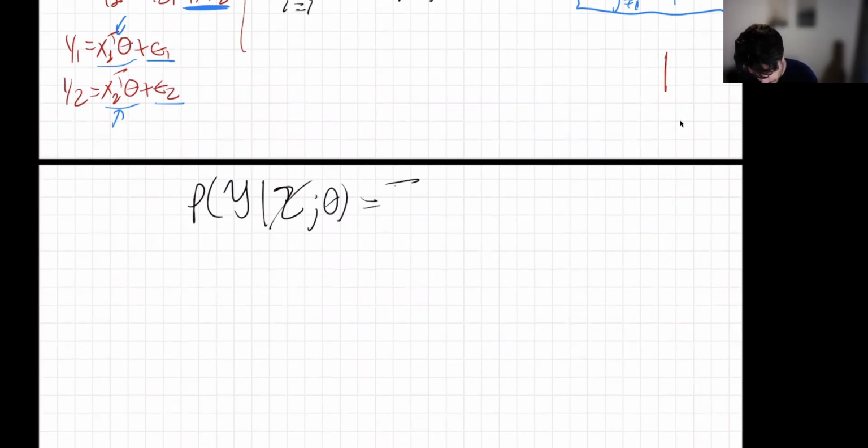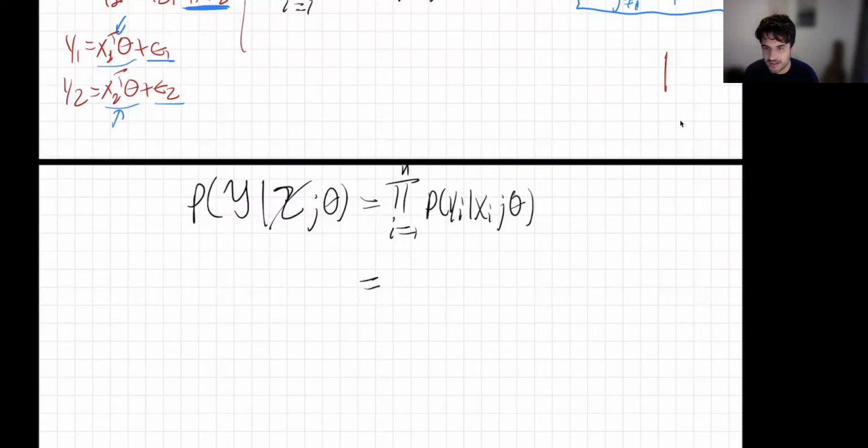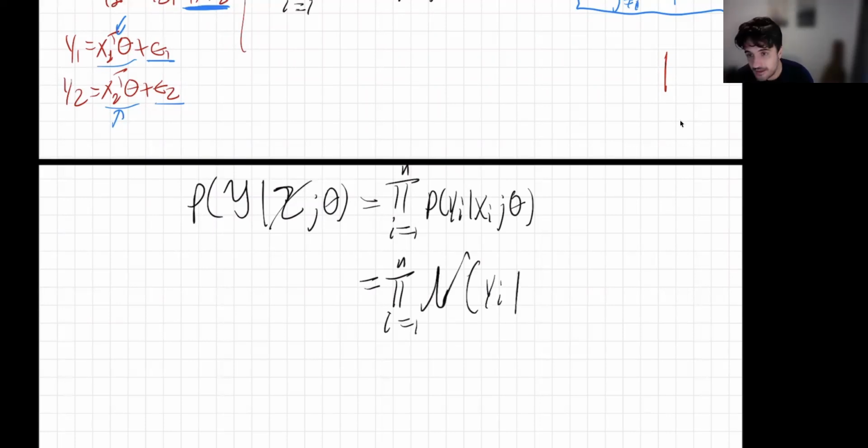We have written it in this simple form, p of yi given xi, conditional on theta, which can also be written, again with a slight abuse of notation, as this, where the mean is xi transpose theta and the variance is sigma squared.